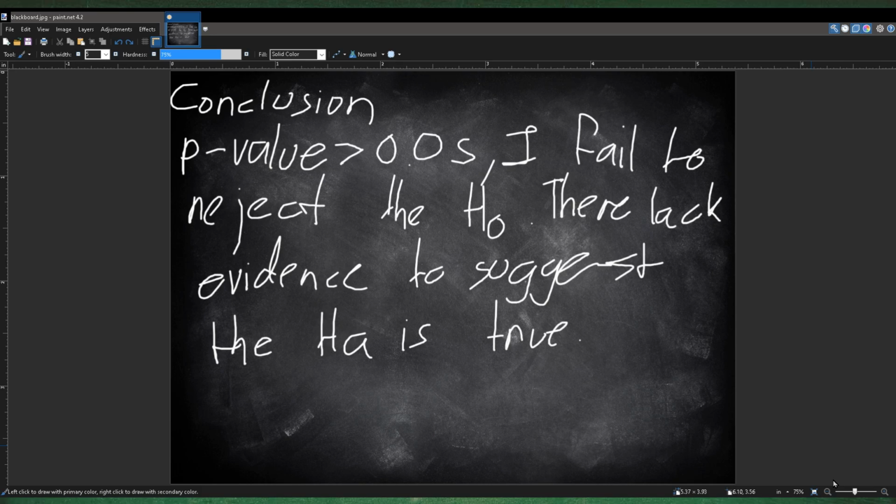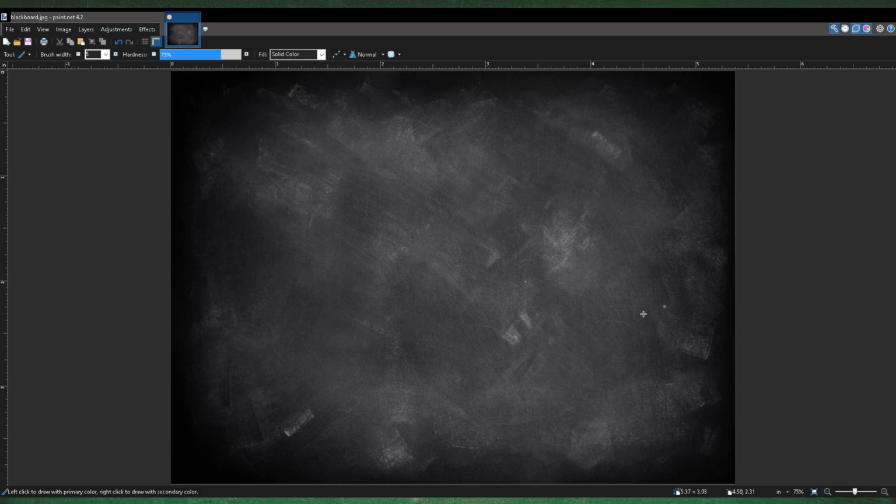And once you do your test, if they ever ask you to follow it up with a confidence interval, you want to find where the true mean is located. Well, it's going to be in a range.